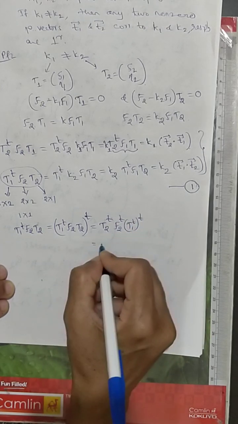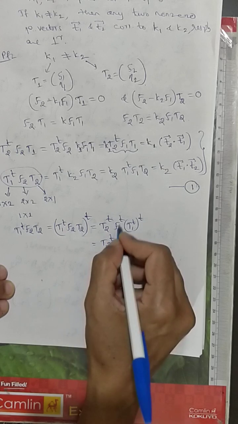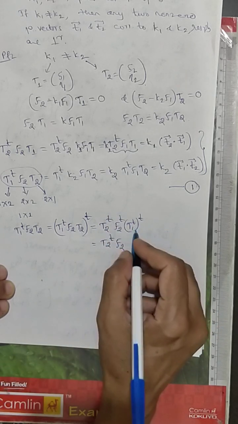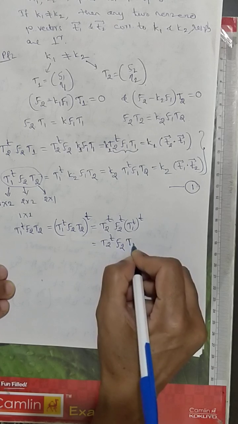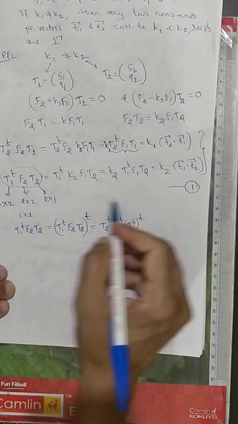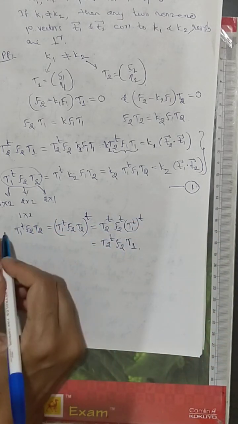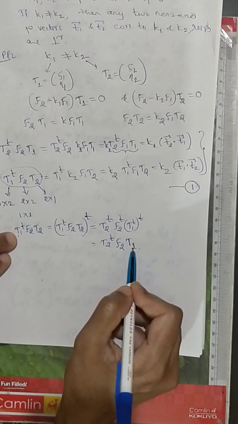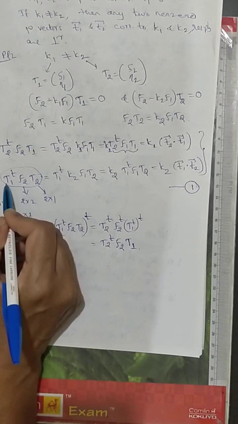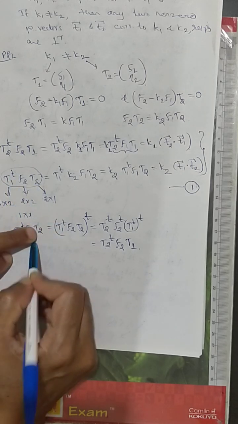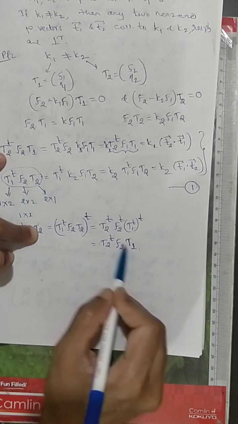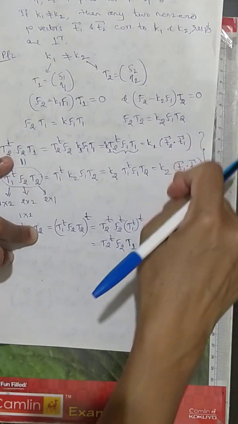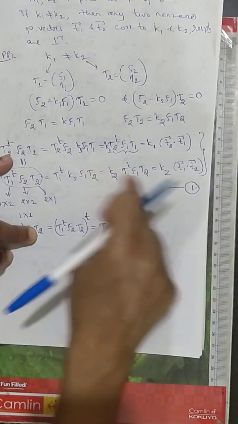So this is equal to t2 transpose F2, because F2 transpose is F2 itself, being a symmetric matrix, times t1, since t1 transpose transpose is t1. So t1 transpose F2 t2 is equal to t2 transpose F2 t1. These two are equal. Left hand sides are equal, so right hand sides must be equal from statement 1.